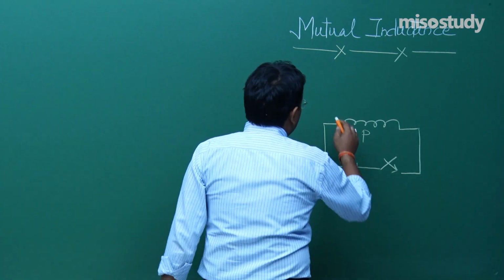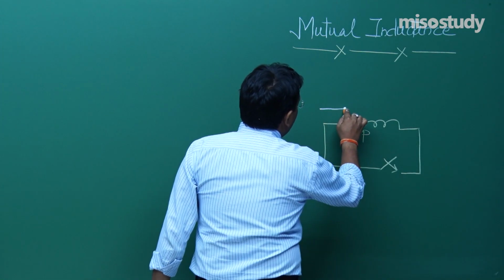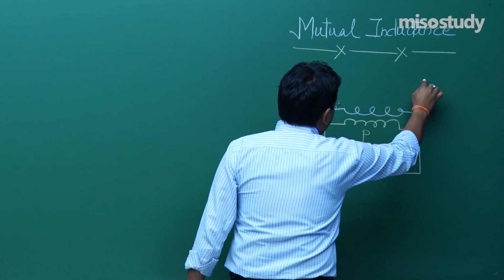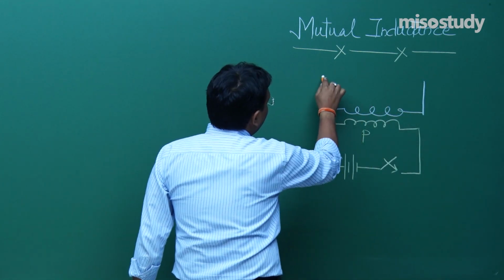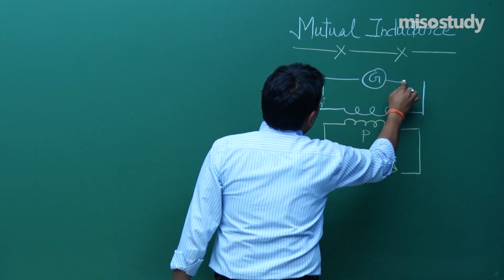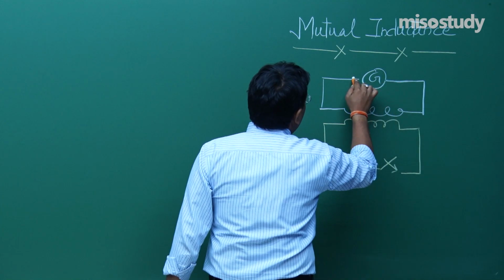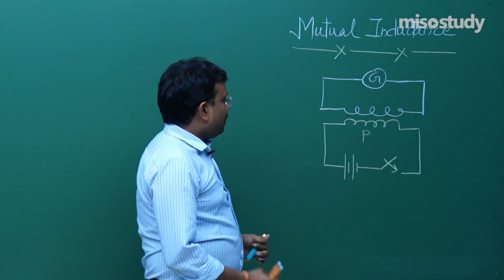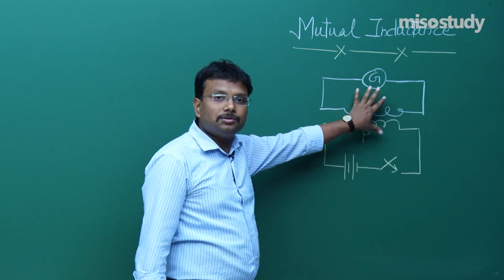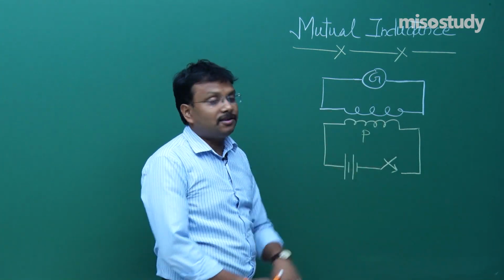Now there is another coil close to this coil, and in this coil a galvanometer is connected, no source but a galvanometer. Basically we want to analyze the effect of this onto this. That is why we are connecting this galvanometer.